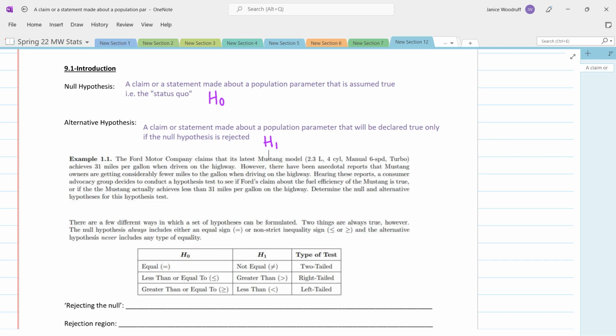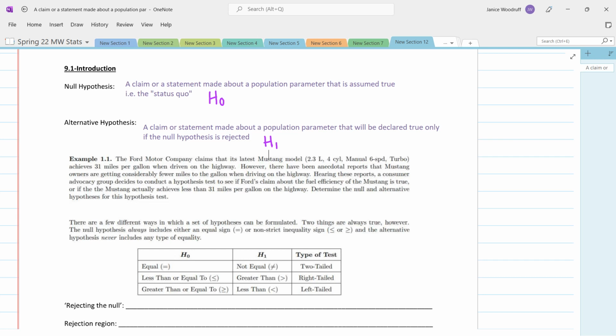However, there have been anecdotal reports that Mustang owners are getting considerably fewer miles to the gallon when driving on the highway. Hearing these reports, a consumer advocacy group decides to conduct a hypothesis test to see if Ford's claim about the fuel efficiency of the Mustang is true, or if the Mustang actually achieves less than 31 miles per gallon on the highway. Determine the null and the alternative hypothesis for this test.